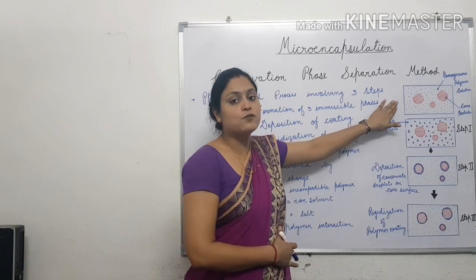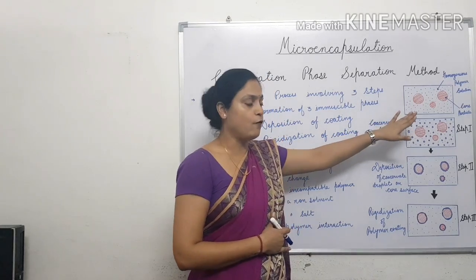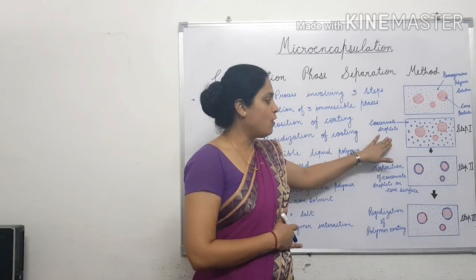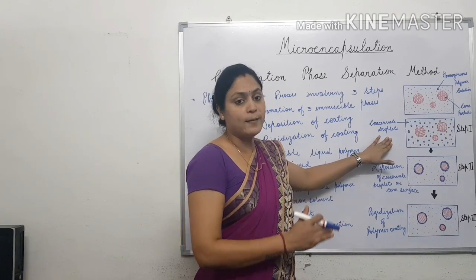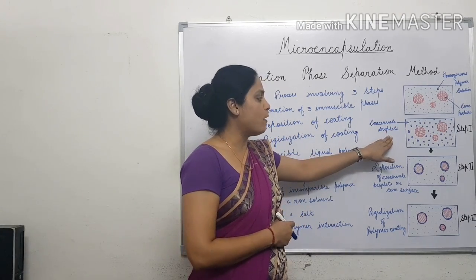The coating polymer, which was initially present in homogeneous solution form, starts forming droplets which are called coacervate droplets.